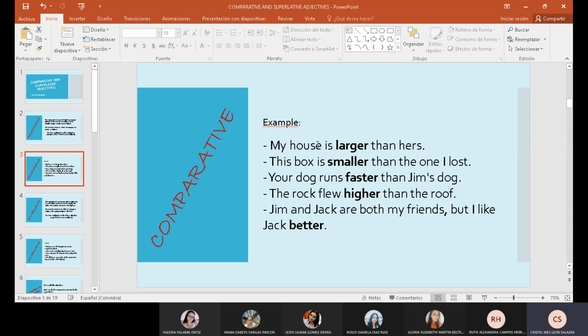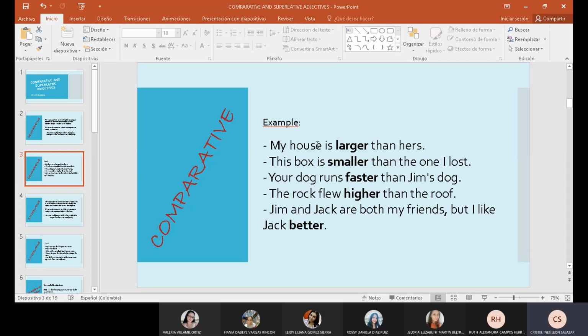This box is smaller than the one I lost. Esta caja es más pequeña que la que perdí. Your dog runs faster than James' dog.